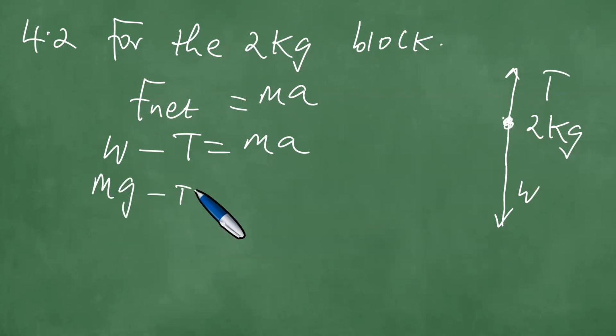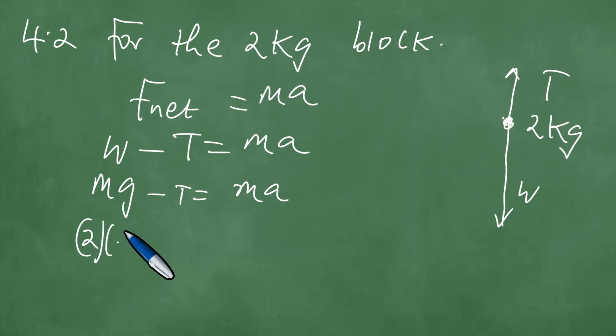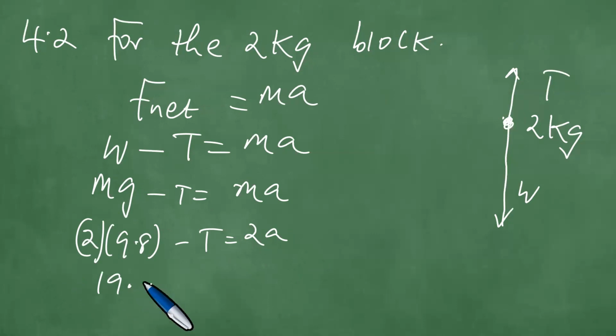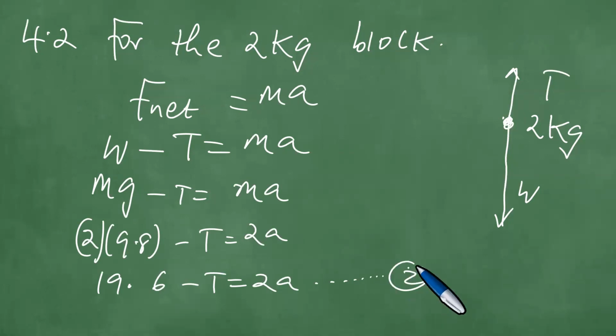The weight is mg minus the tension, which is ma, which is 2 into 9.8 minus tension, which equals 2a. 2 times 9.8 is 19.6 minus tension equals 2a. So this is equation 2.